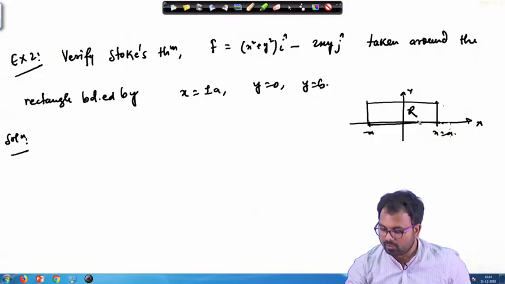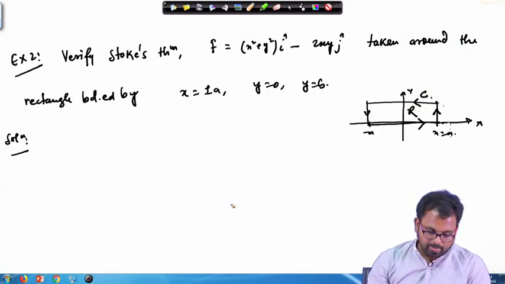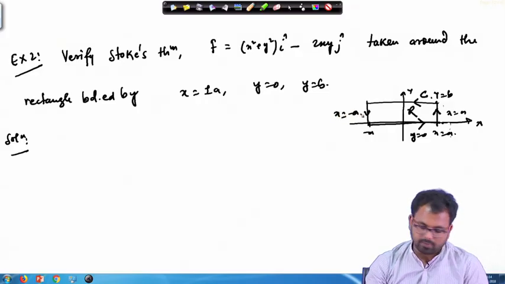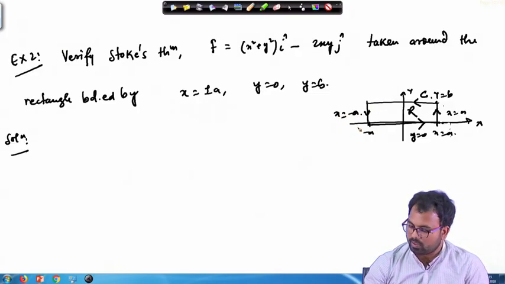This is our rectangle. Our curve C will move like this. The equation of this line is x equals a, this line is y equals b, this line is y equals 0, and this is x equals minus a. So, these are the 4 equations, and let us call them a, b, c and d.